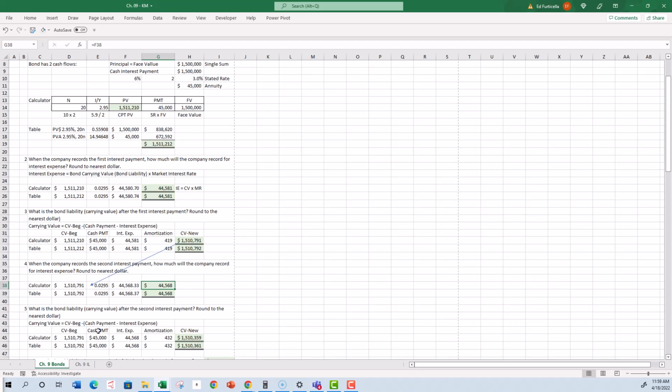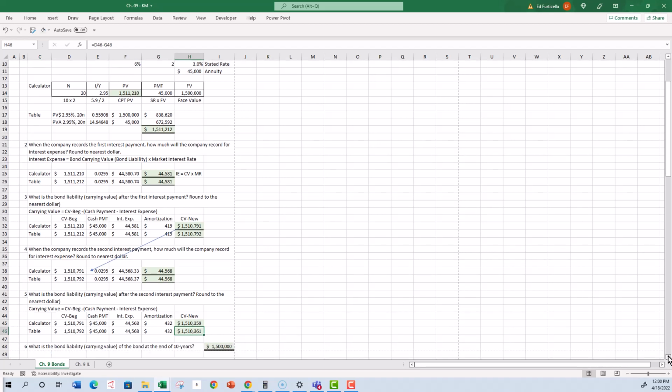And we're going to do our amortization by taking the $45,000 of cash payment, subtracting the interest expense of $44,568. The amortization is going to be $432. We're going to subtract the $432 from the beginning carrying values to get a new carrying value or a bond liability of $1,510,359 or $1,510,361.